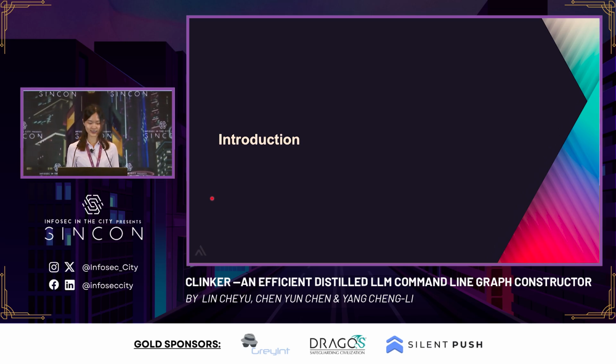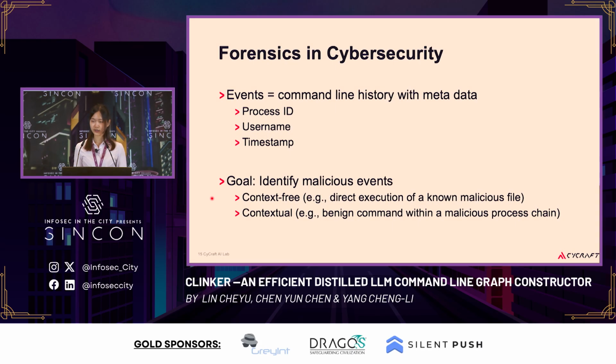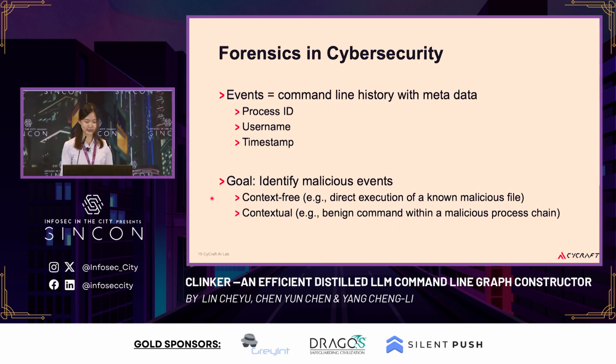So thank you, George. And now I'll do the introduction of our work, CLINKER. Let's start by defining what we mean by forensics in cybersecurity. In our context, an event refers to a command line execution record along with its associated metadata such as process ID, username, and timestamp. The primary goal of forensics is to identify malicious events within a large set of system activity logs.